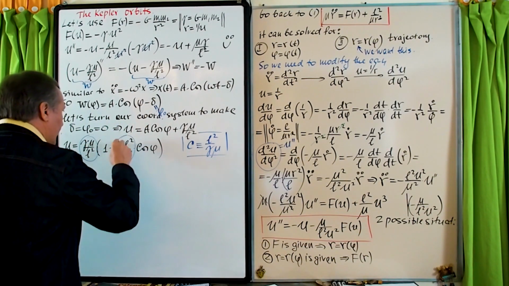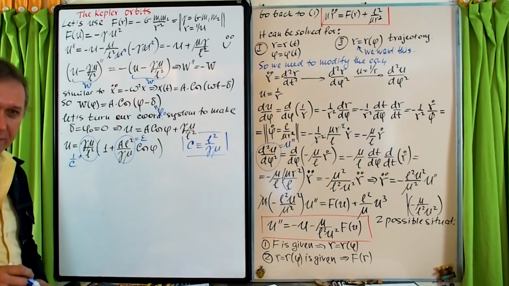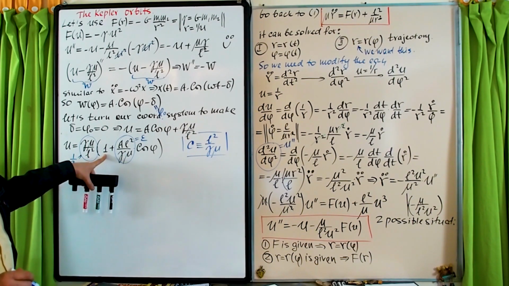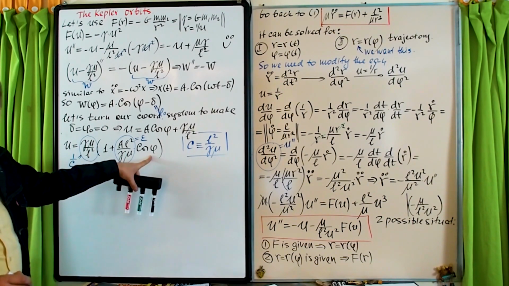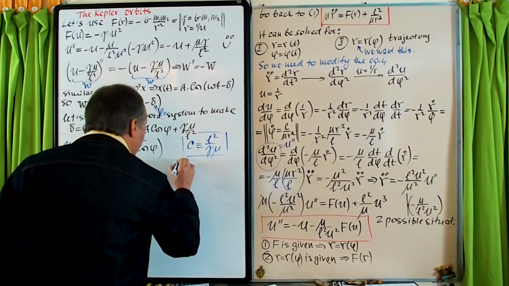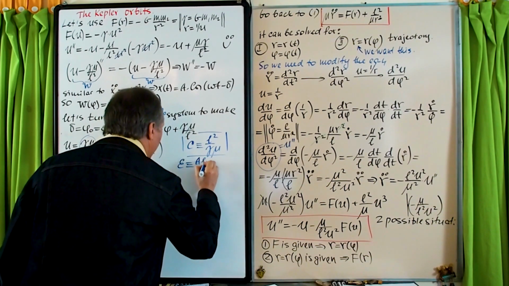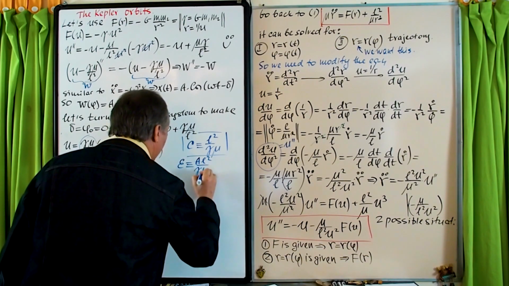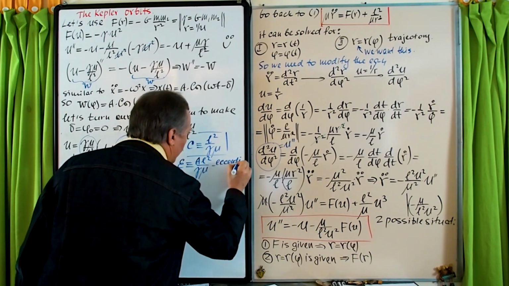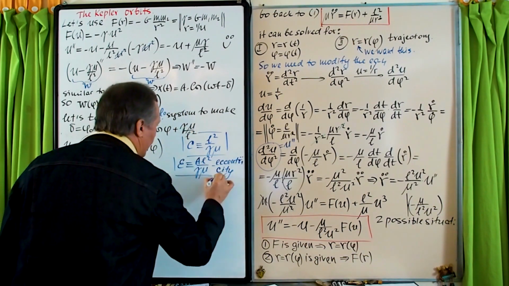Okay, now the second constant. This construction, let's call it epsilon, eccentricity. And this is actually dimensionless. You see, it should be dimensionless because we don't have units here. This is also dimensionless, so this must be dimensionless. It's called eccentricity. So epsilon equals A L squared over gamma mu. So that's the second constant.